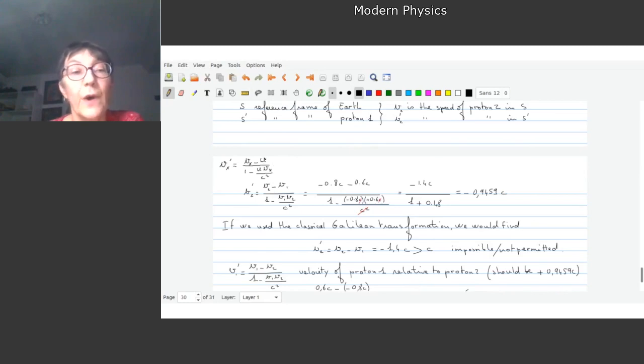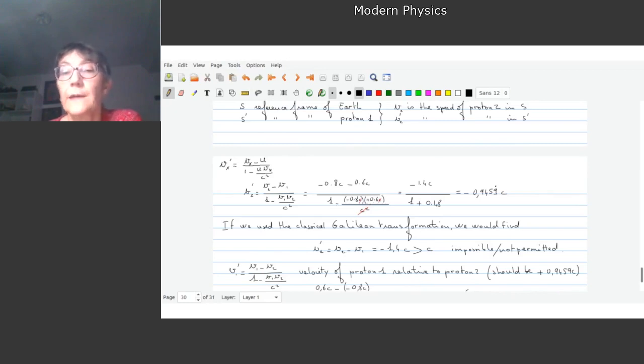U is the velocity of S prime in S, and Vx is V2. After you have written this with the sign, you can write the value of V2. It's minus 0.8, minus V1, which is 0.6.